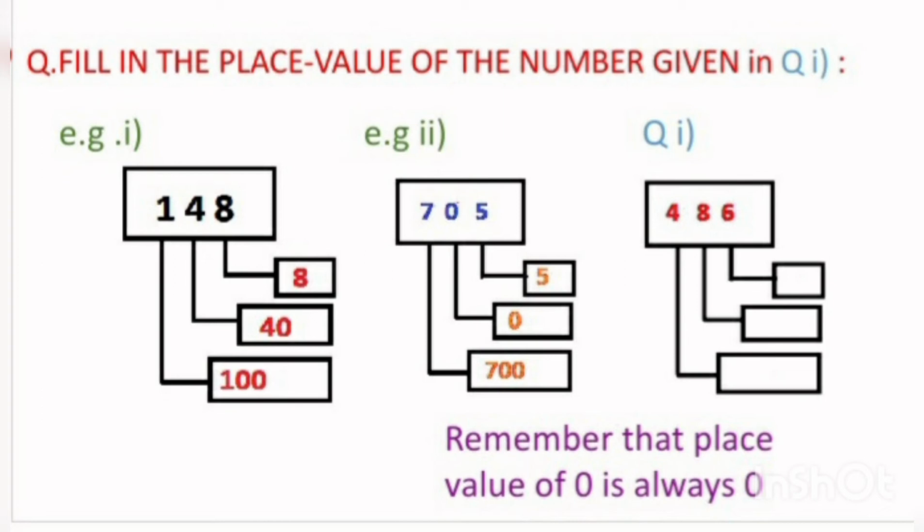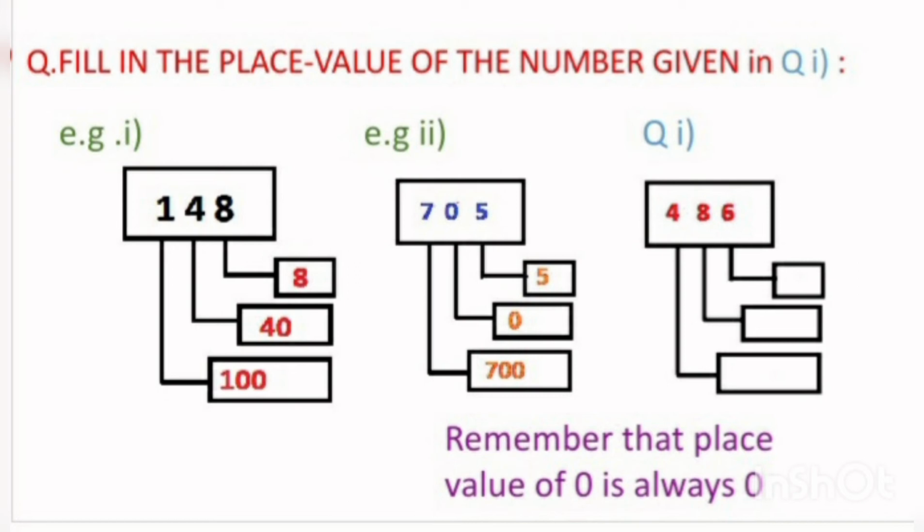As 8 is in ones place, its place value is 8. 4 is in tens place, so its place value is 40, and 1 is in hundreds place, so its place value is 100. If the number is given, you can write the place values, and if the place values are given, you can very well write the number for that.